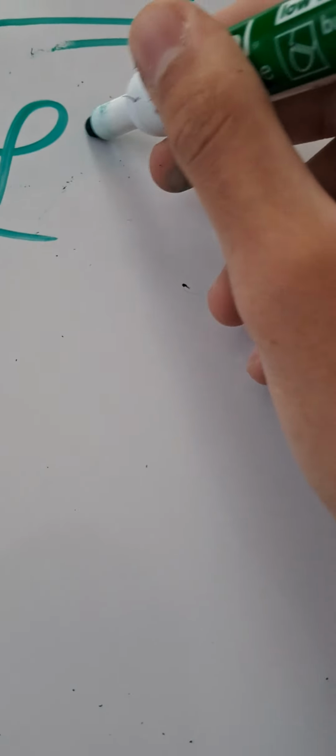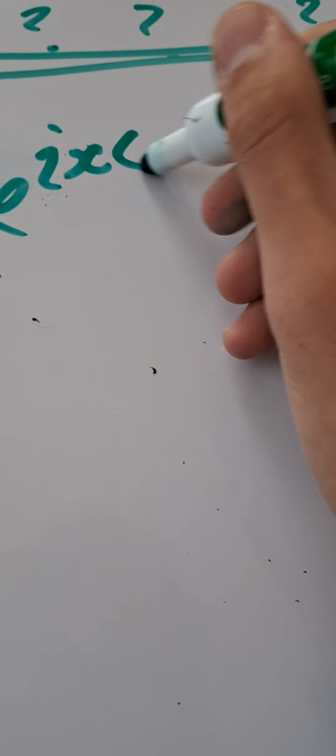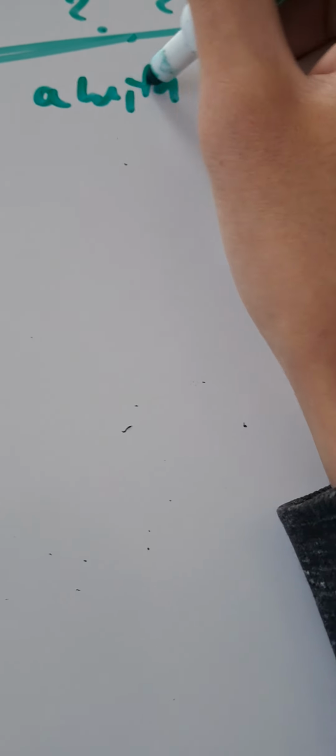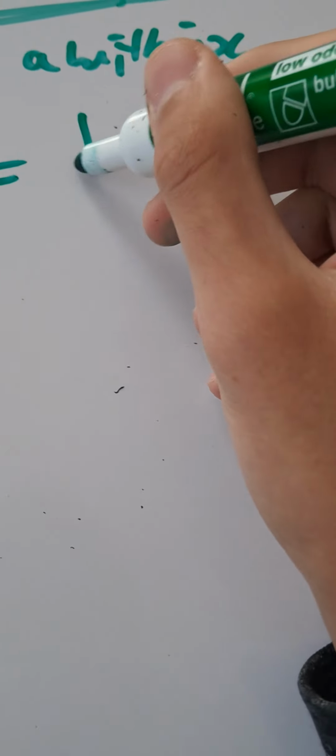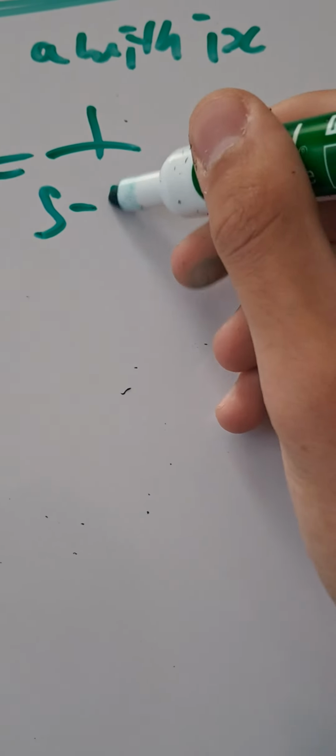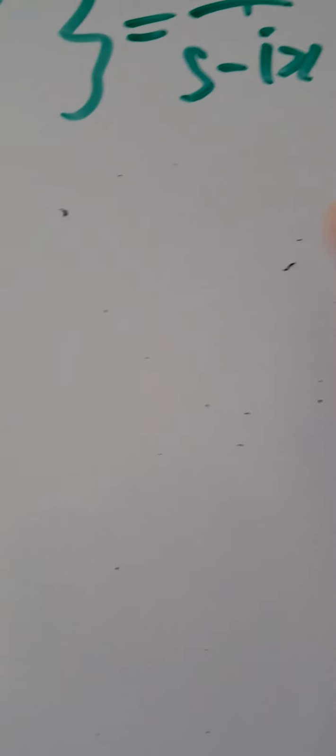Okay. But consider the Laplace transform of e to the ixt. What I just did was substitute a with ix, which converts this to 1 over s minus ix.